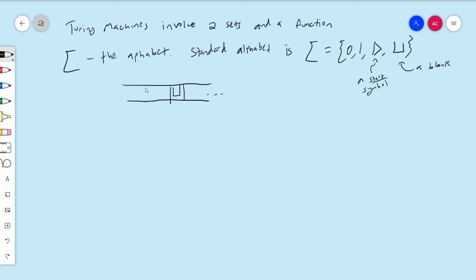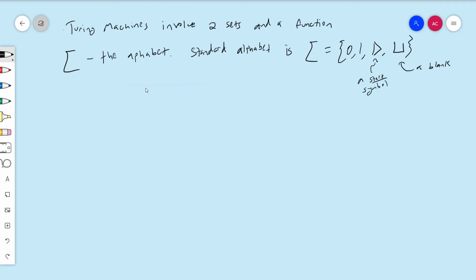If I have the U symbol somewhere, then the interpretation is that it's a blank. I also want at least two numbers, two symbols that I can print on the cell. And then the start symbol indicates where my cursor is, where my focus is.